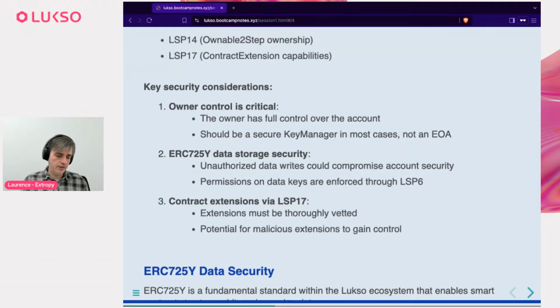Now, a lot of the data that we are going to be using does depend on the context. So you do have options, and you will store it in different places according to its needs. But often we're going to be storing things using the ERC725Y data storage, and that then is secured because we can set permissions on that. So you need to be careful about how you do that.